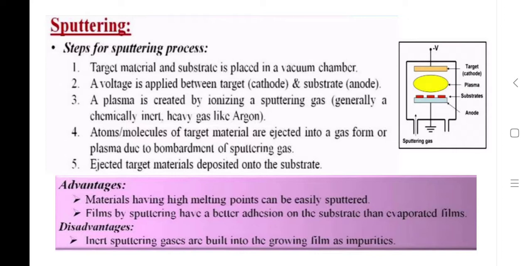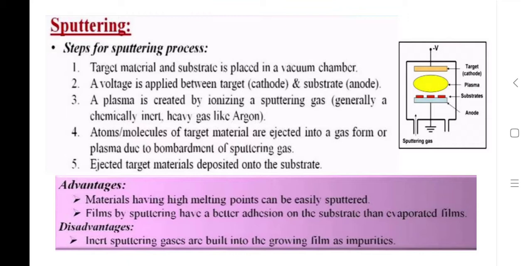For efficient momentum transfer, the atomic weight of the sputtering gas, like argon, neon, krypton, xenon, should be close to the atomic weight of the target. Otherwise, it is a little bit difficult. Then what are the advantages of this sputtering technique? Metals having a high melting point can be easily sputtered. Films by sputtering have better adhesion on the substrate than evaporated films.